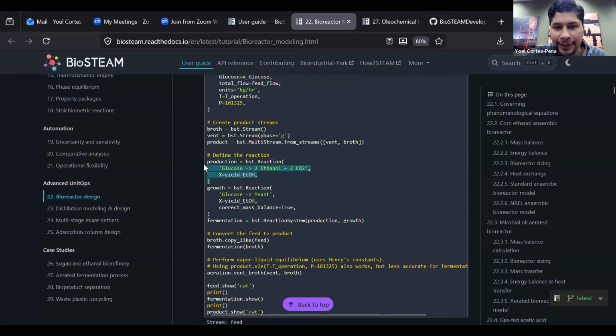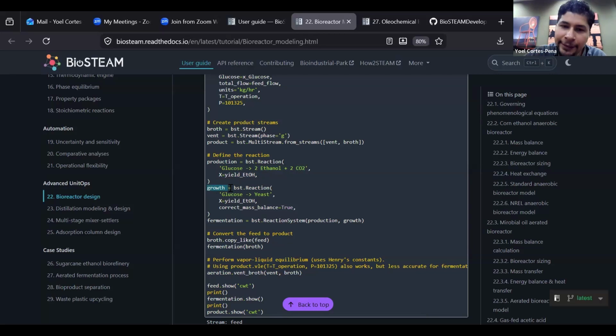And here we're defining our reaction using BioSTEAM's reaction object. So we define a string of the reactions using the names that we define, whereby we define the chemicals and the yield. Here we're defining a growth reaction as well. And we're just assuming the mass balance is conserved. We're not interested in the atomic balance.